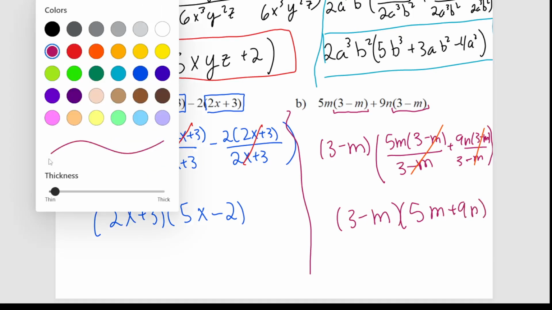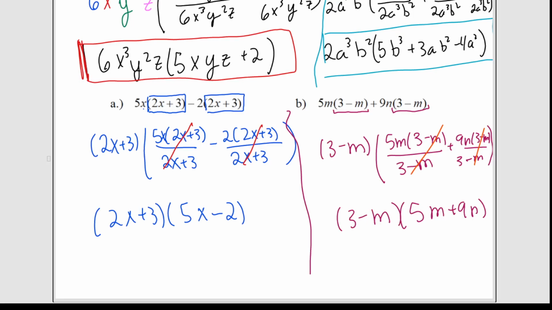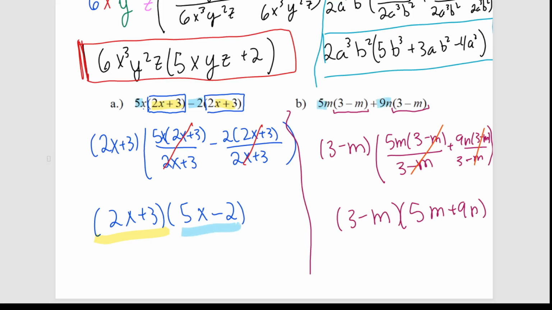If you notice, the general pattern on this is basically one of these parentheses ended up being that parenthesis they had in common, and the other parenthesis ended up being those things they did not have in common. And that pattern is actually going to bring us into factoring by grouping, which we'll be going over shortly.